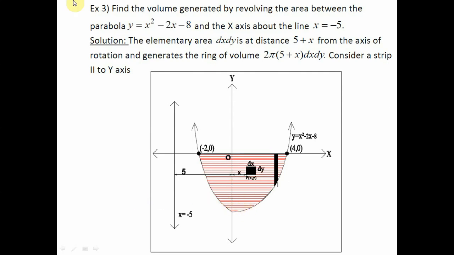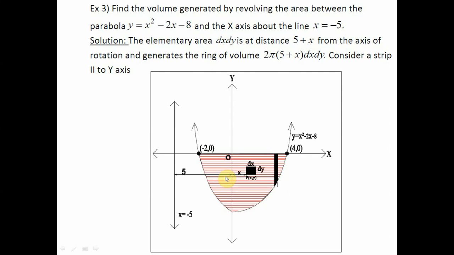We have to find out the volume generated by revolving this area about the line x is equal to minus 5. Now here x is equal to minus 5 is the axis of rotation.